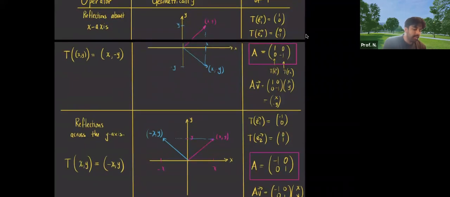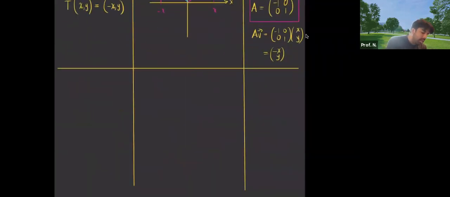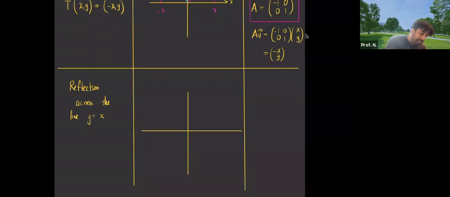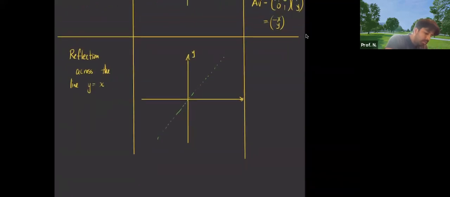So we got the x-axis, we got the y-axis, and there's one more, right, that we talk about in geometry: reflection across the line y = x, right? So it's this line here. So when you have an xy plane, you have this line that goes down the middle diagonally. Sorry, this is y = x.